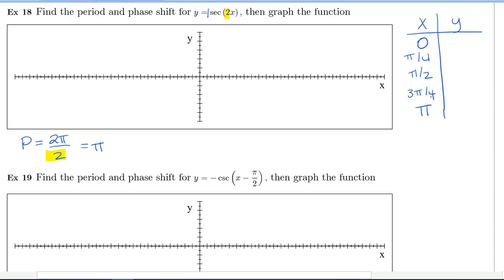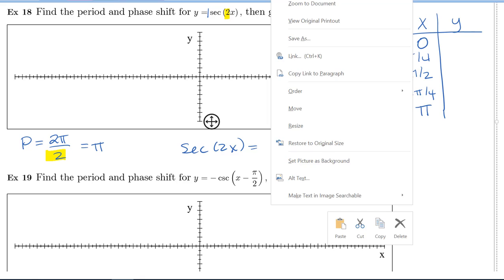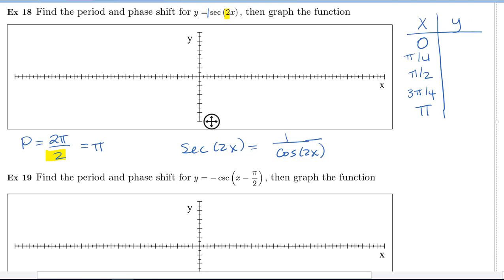Again, secant of 2x is going to be 1 over cosine of 2x, so we're really looking at the cosine graph. We can put that on our chart as well. Let's graph cosine of 2x. Cosine of 2x always starts off at, for cosine it's an amplitude, for secant it's just a stretching factor.